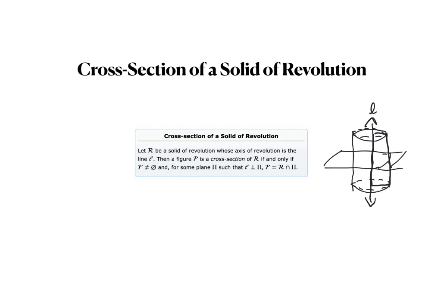The cross-section is the two-dimensional shape that's formed by the intersection of my plane with my solid. In this case, this particular cross-section would be a circle. So again, according to our definition, the plane that's intersecting my solid must be perpendicular to the line that is defining our revolution, and the intersection of the plane with that solid figure is considered a cross-section.